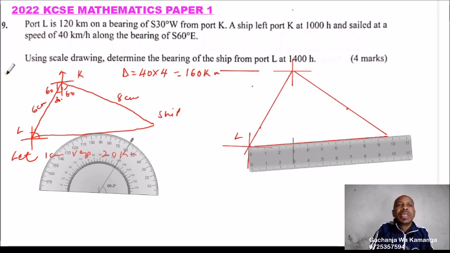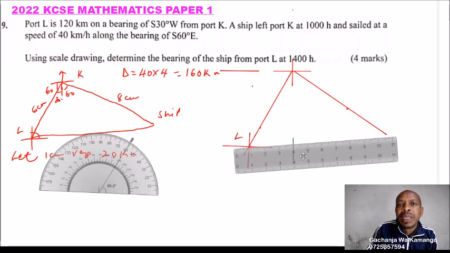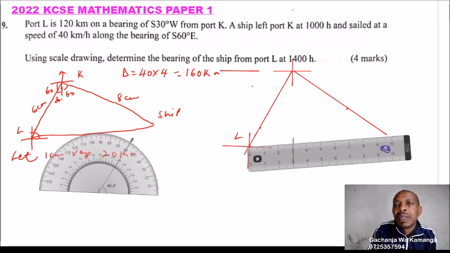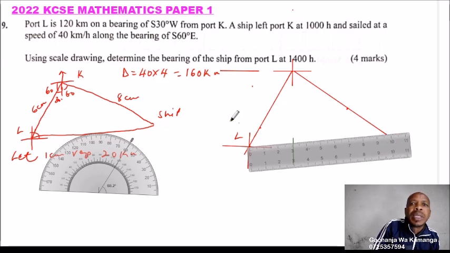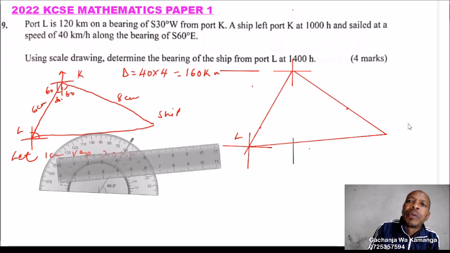I think that's not good enough. Let's try another one. So we now have like that. I think this is better. Now following, this is where we have the shape. So this is 8 centimeters, 6 centimeters. This angle here is 30, and this angle here is 60.